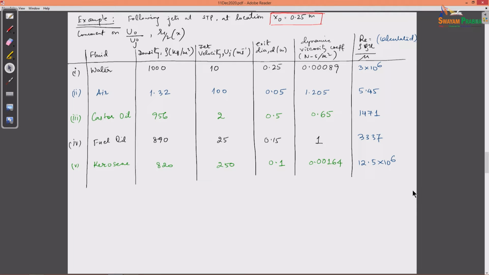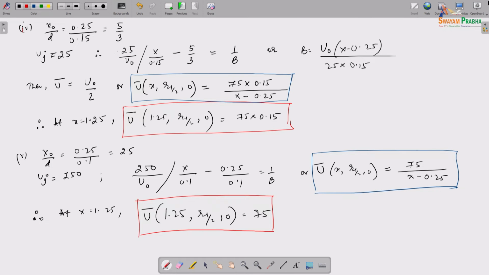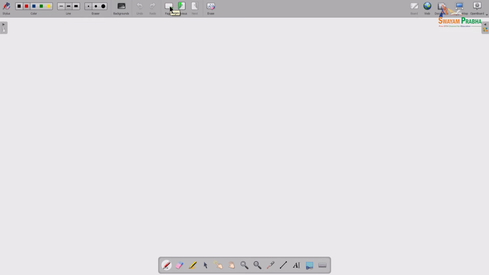So, the water, air, castor oil, etc., etc. So, let us do one thing, let us just tabulate that, okay. I am going to write out the mean values, okay. So, then you have first one, and I am also going to write out some of these values, okay.